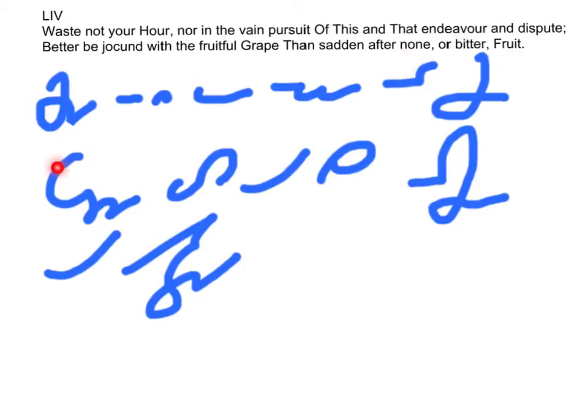Pursuit is P-R-S-U-T. I combined these words. Of is O, and then this is T-H, and then S. N-D is and. The word that, you leave off the final T, so that's T-H and then A.